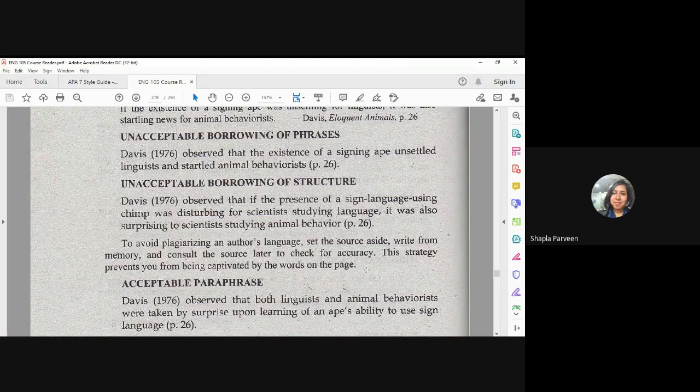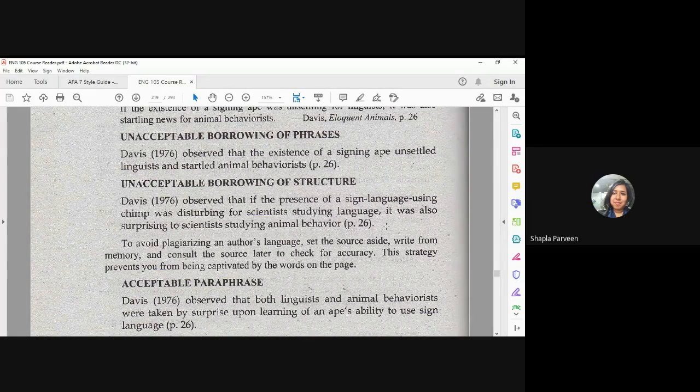Yes, as I said, it is not easy to paraphrase. So this is one strategy that you can actually apply. That means, when you read the original source, just put it aside. Don't look at it. And then from your memory, try to rewrite in your own words. This way, you can avoid using direct synonyms and direct sentence structure.